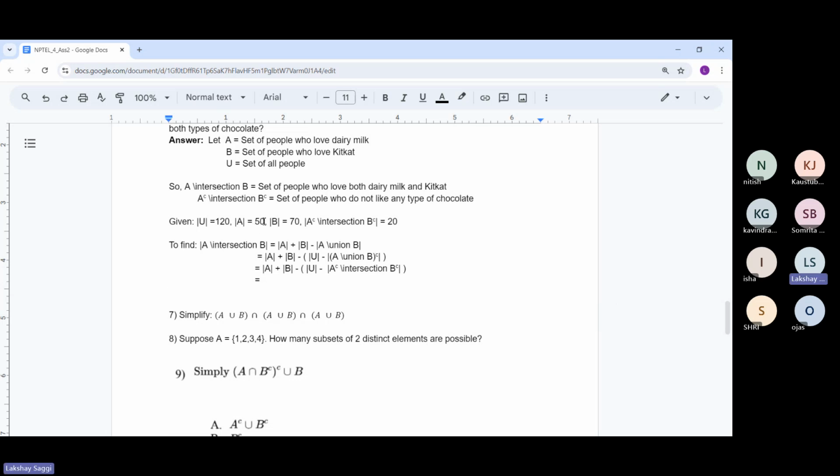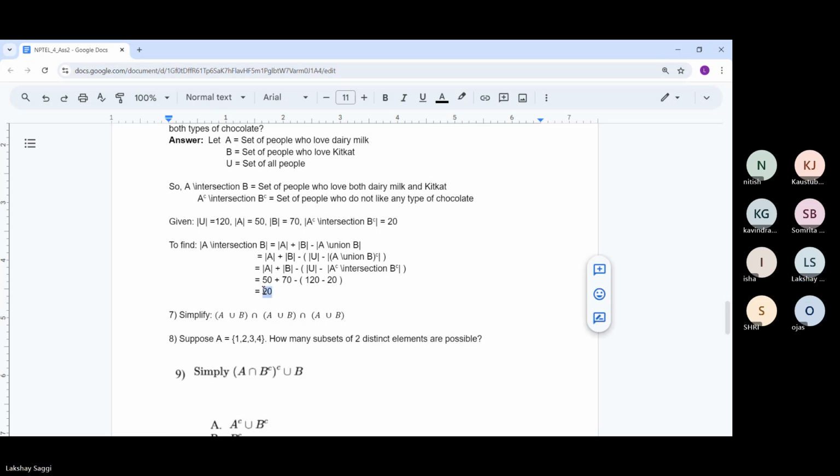Cardinality of A is 50, cardinality of B is 70. Then from this we subtract the cardinality of U, which was 120, minus the cardinality of A complement intersection B complement, which was 20. So this gives us 50 plus 70 plus 120 minus 20, which is 100. So this gives us 20, which is the correct answer.